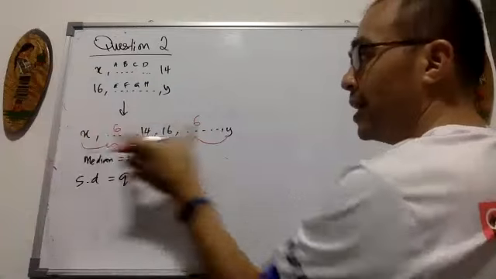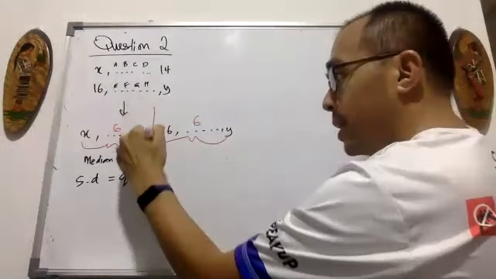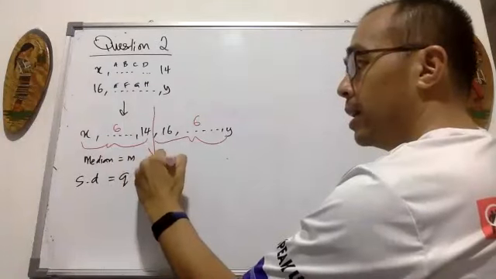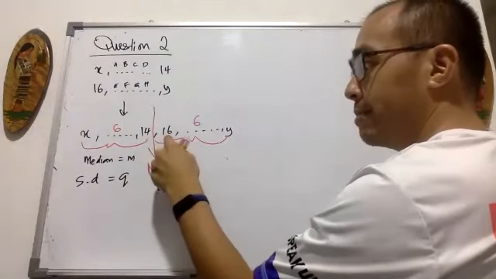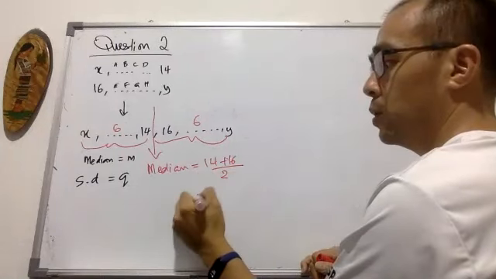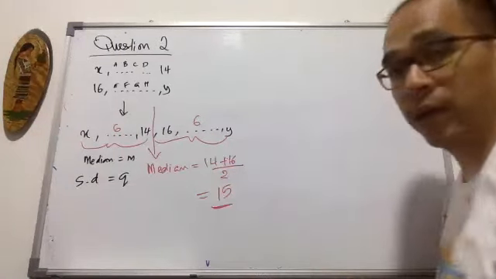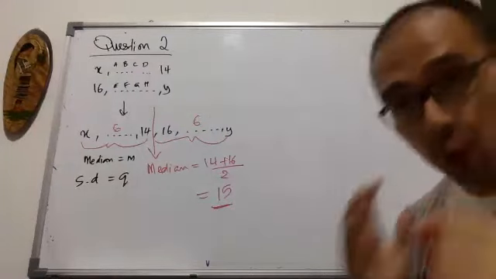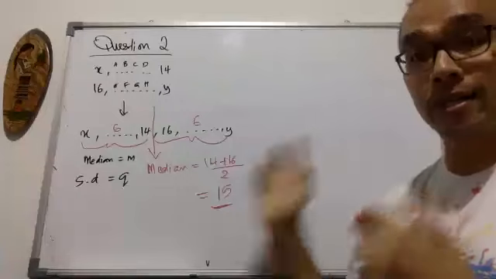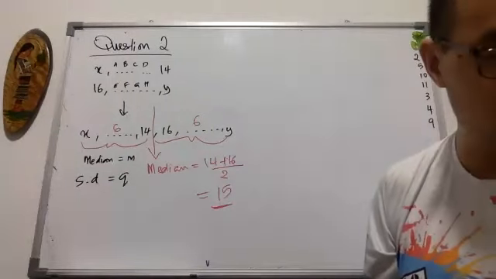So if there's 6 over here and 6 over here, the middle will be between these two. So the median will be, if your first number is 14 and the next number is 16, 14 plus 16 divided by 2, which will be 15. It's a 1-mark question because you're supposed to know what a median is, especially if it has already been arranged for you that way.